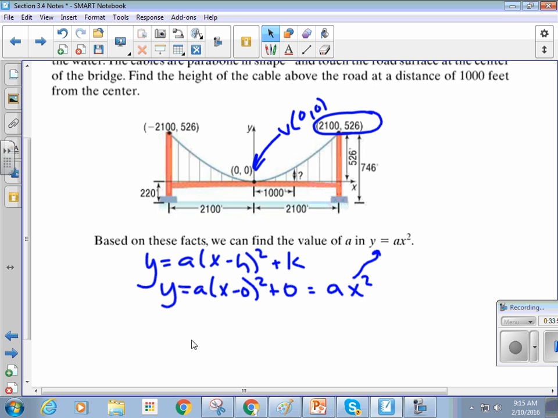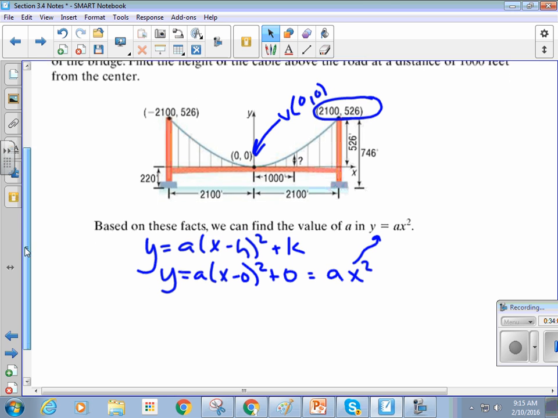So truly, all we're going to do is plug in 2,100 for x and 526 for y and find out what the a is in our equation.